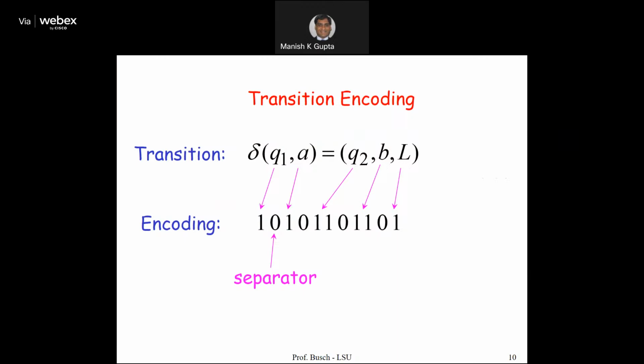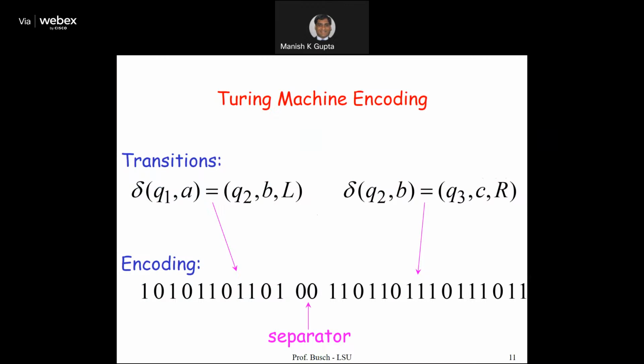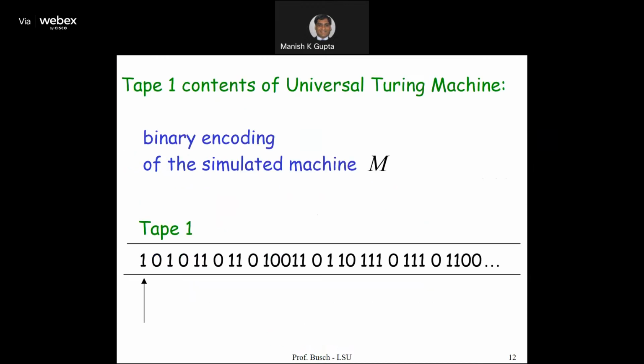So now, if there are two transitions, you use 00 as a separator. Okay? For multiple transitions, you can use more separators, 000 as a separator, and so on. Essentially, that means tape 1 contents of the universal machine is the binary encoding of the simulated machine. So you can have the whole conversion on this machine, right?